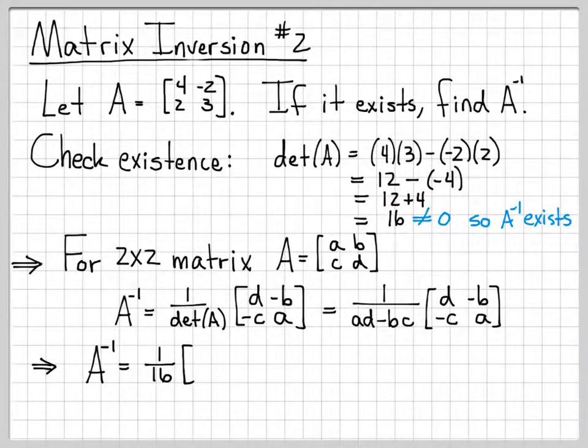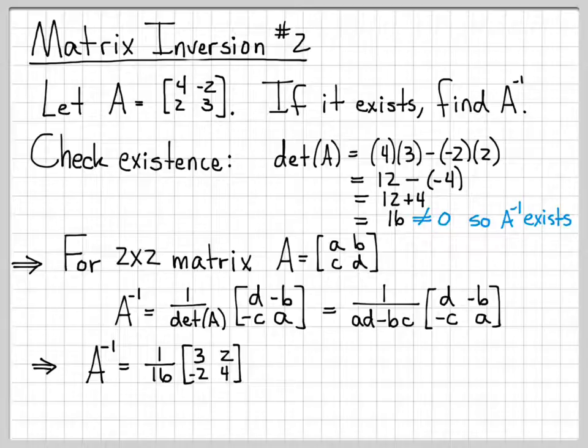And then the matrix becomes: D is equal to 3, so I'm going to put a 3 there. B in my original matrix is negative 2, so I need to write down a negative B, so that turns into a positive 2. What goes right here is negative C. C in my original matrix was 2, so I need to write down a negative 2 there. And then finally what goes right here is A. A in my original matrix was 4, so I'm going to put a 4 there.